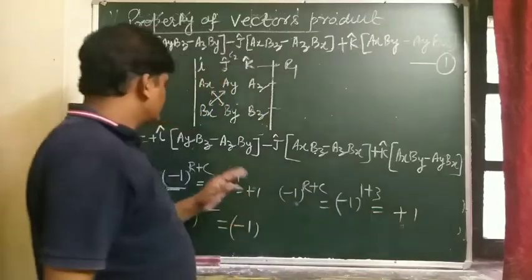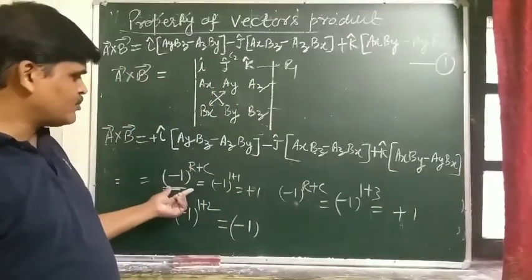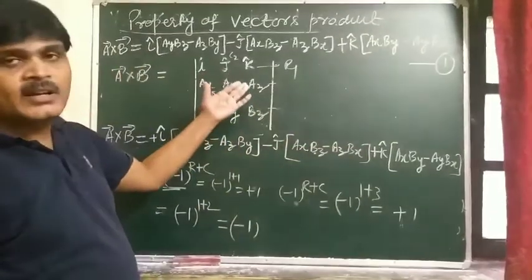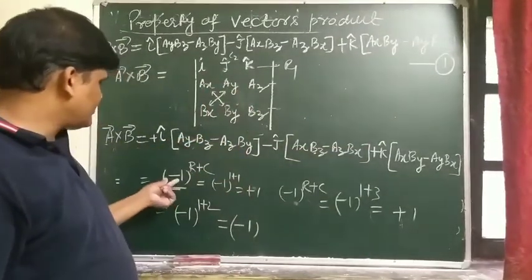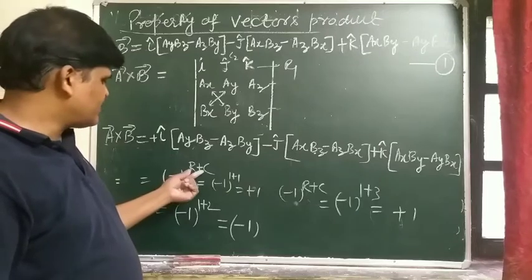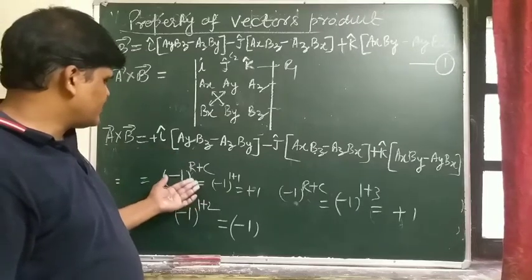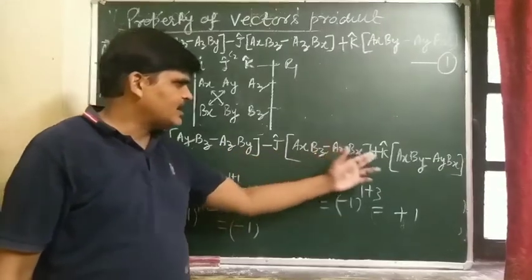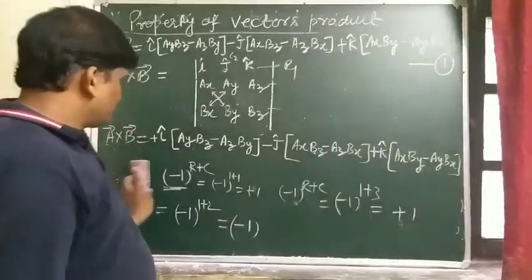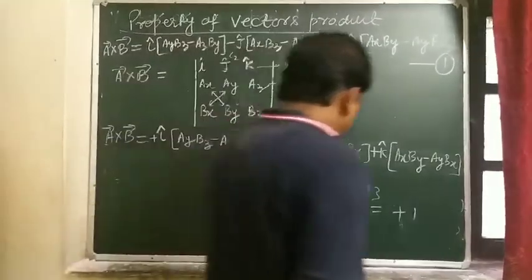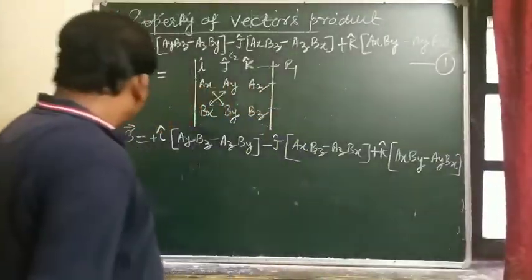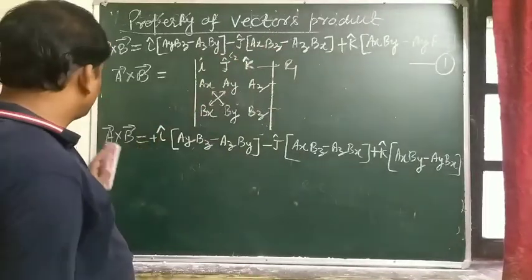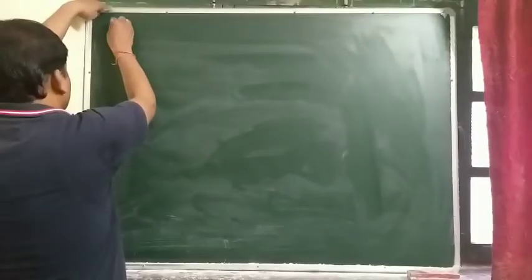So we use the formula for I, J, K in expansion of determinant, minus 1 to the power R plus C. So we can use this formula to write unit vector I, minus J cap and K cap. So vector product of two vectors in terms of rectangular component is expressed in terms of determinant. That is property 9.